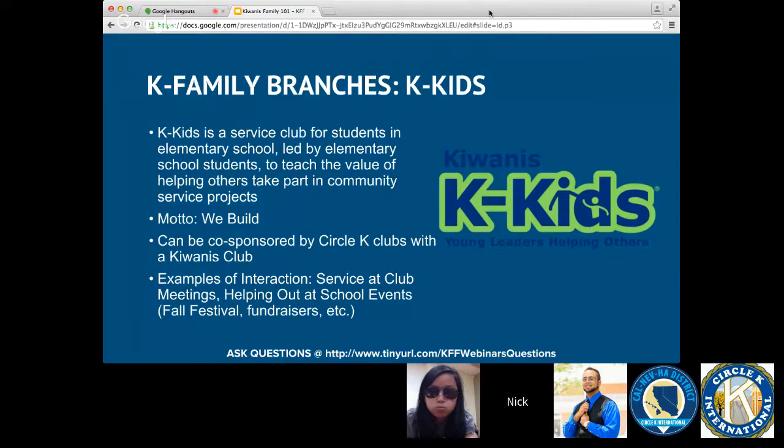For example, UCLA co-sponsors a KKids club at Playa del Rey Elementary School, and we work with Culver City Kiwanis, but not our sponsors, Santa Monica Kiwanis. But we do work with Santa Monica Kiwanis to co-sponsor a Builders Club. So you can co-sponsor with different Kiwanis clubs to play a major role in how the club runs for KKids and Builders Club, and to help them develop as much as possible.